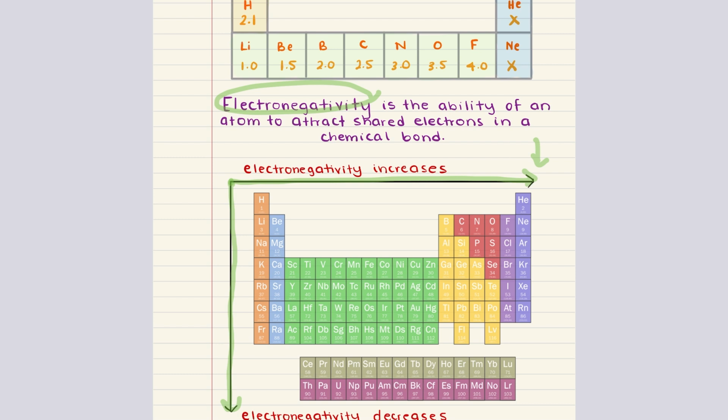Because atoms differ in their electronegativity, the difference in electronegativity between two bonded atoms determines how the electrons are distributed in the bond. For this reason, it's super important to memorize the following electronegativity values seen in this table.